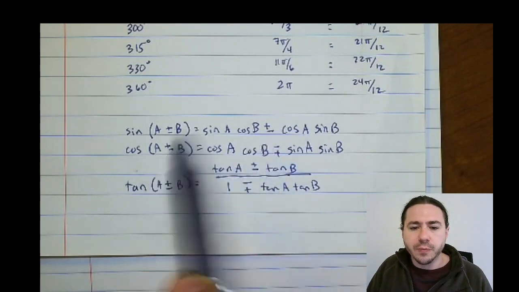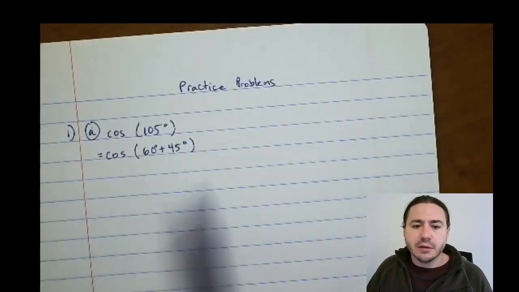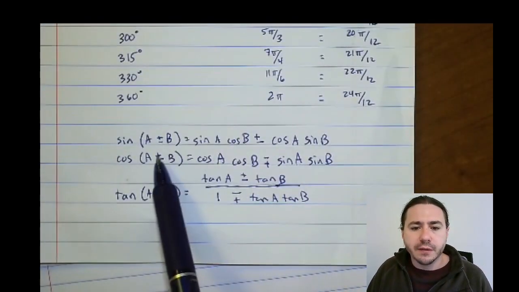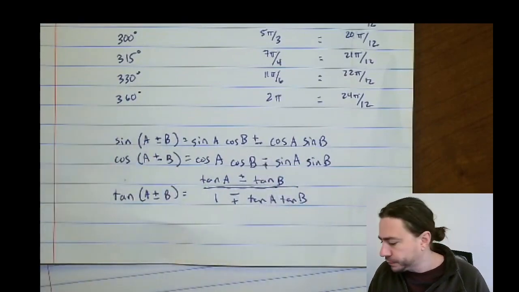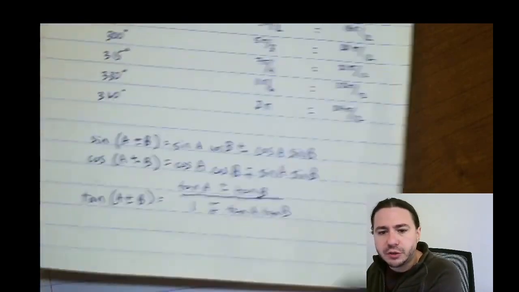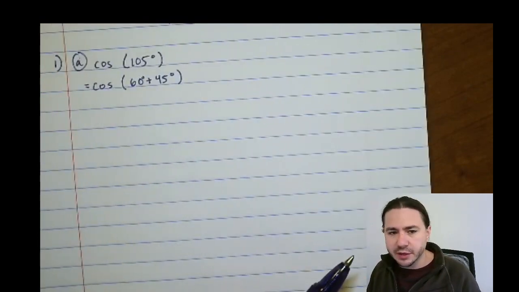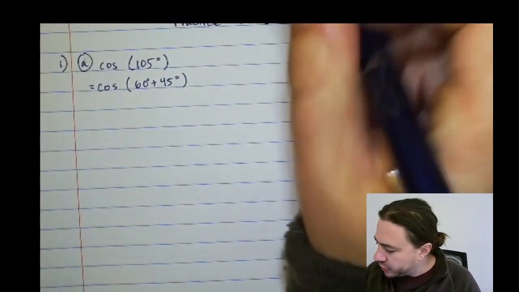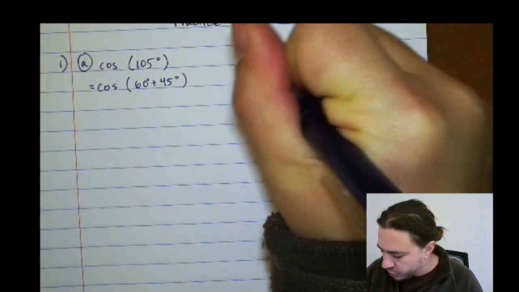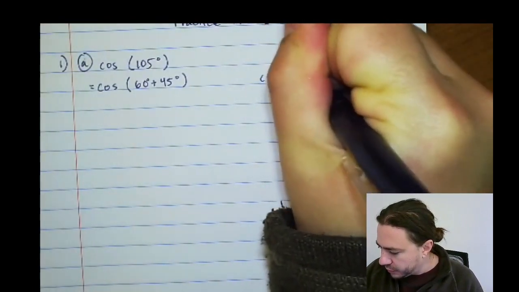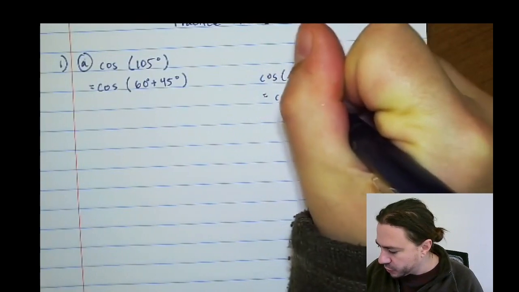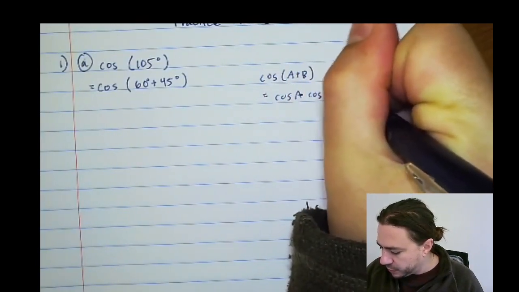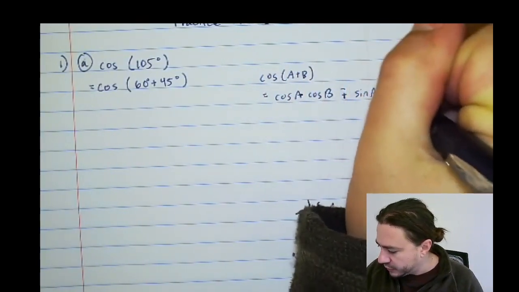So if you're going to do 60 plus 45, when I go to use this formula, I'm going to make sure to do a minus in between here. So I'm going to use this formula to expand this out. Just to remind us, cosine of a plus b will equal cosine of a times cosine of b minus sine a sine b.